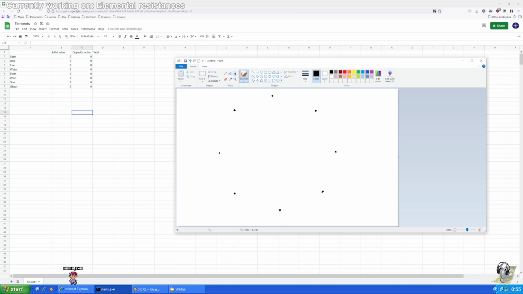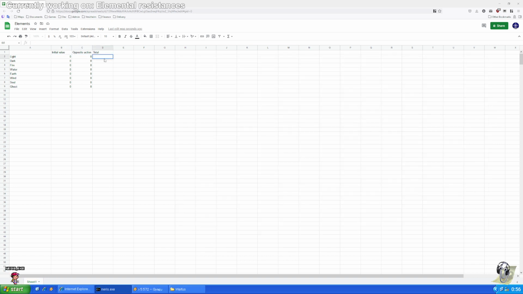And then total equals this plus this. So let's test first. If I have 100 of this, I have negative 100 there. And if I have 100 here as well, it's all going to be negated. Okay, perfect.